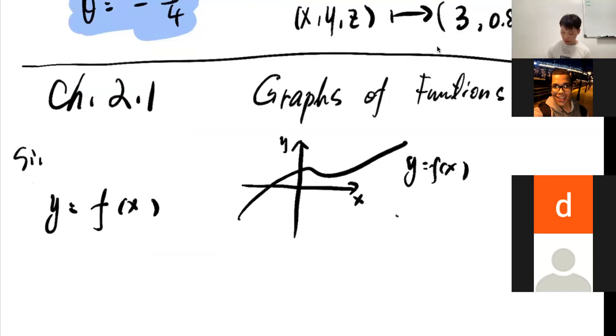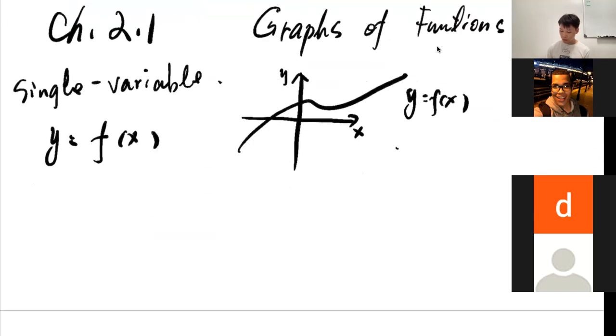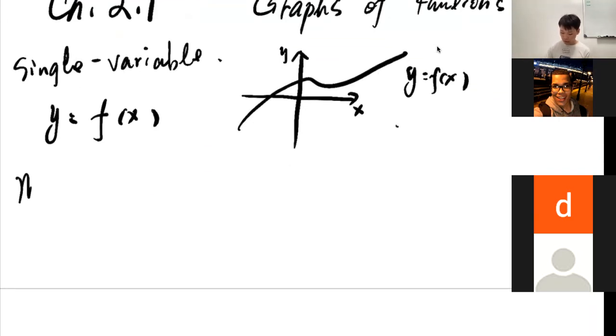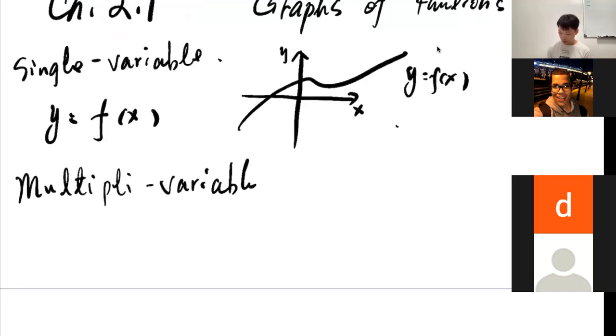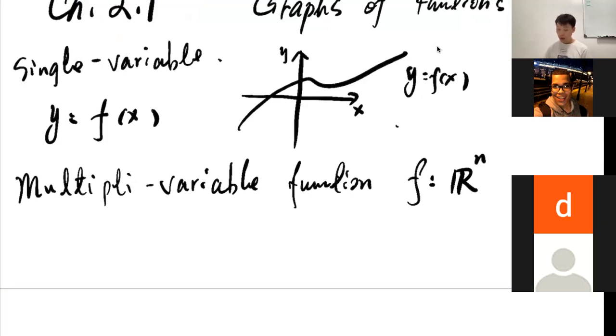So for single variable functions, however, for multivariable functions, let's say f, you're mapping a point in Rn, right?